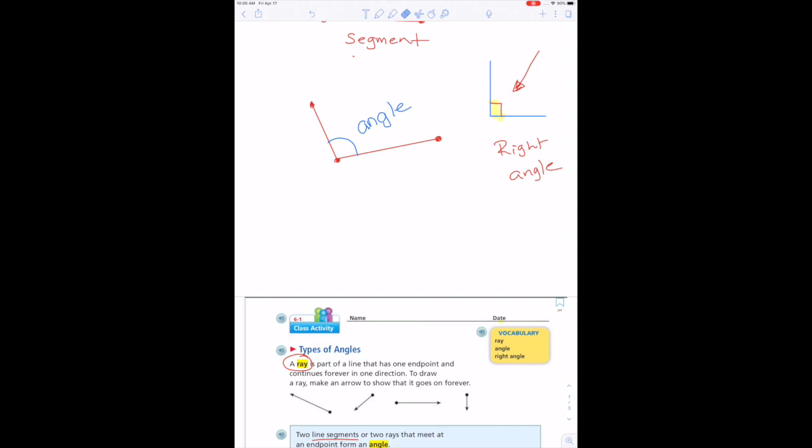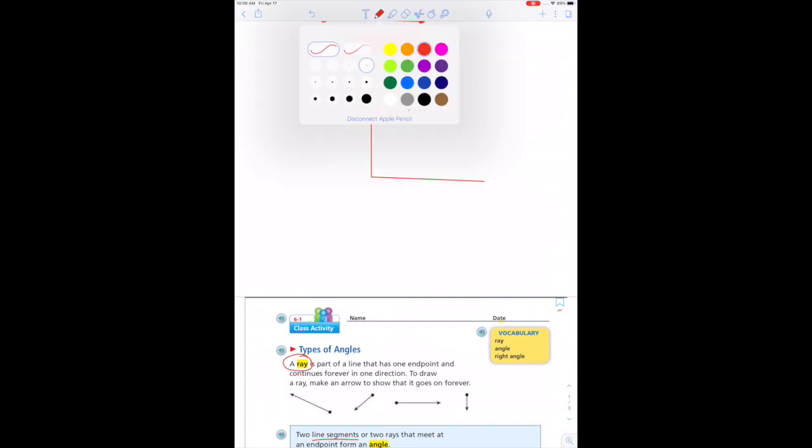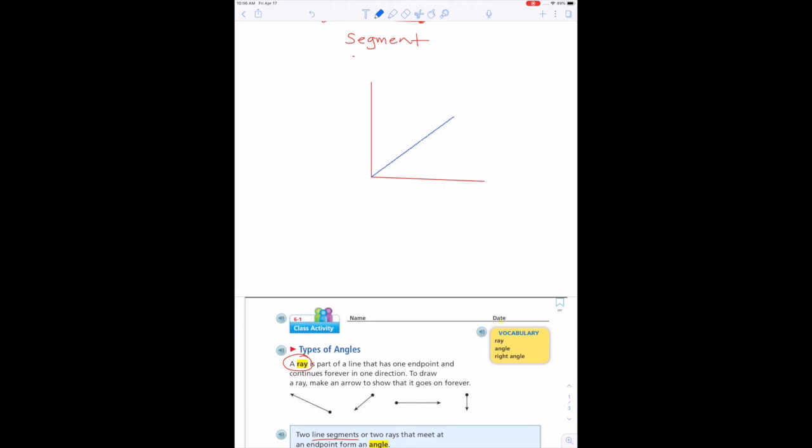Let me erase that really quick. I need some more room. Now, let's go ahead and use red. We talked about a right angle being straight up and straight across. The red is a right angle. Let's say I have an angle like this, and it goes here.